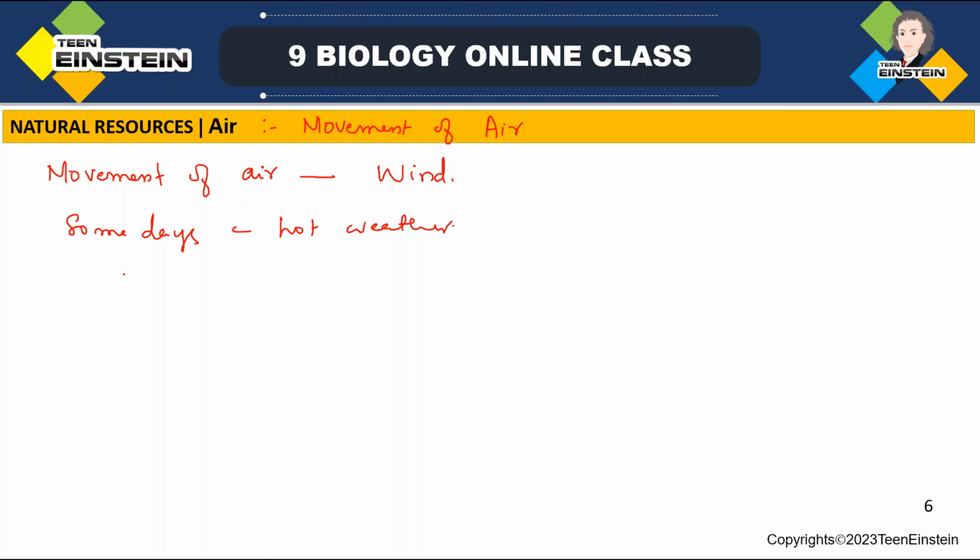And some days we'll get rain. So after a whole day of hot weather, a little breeze gives a cooling effect, right? And sometimes we'll get rain, right? After hot weather, some days we are getting a little rain, that will have a special or cooling effect. So what causes the movement of air?